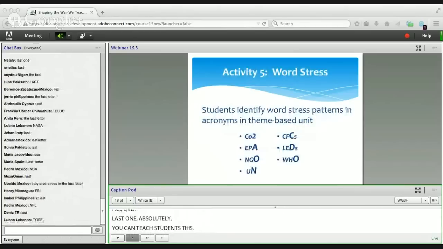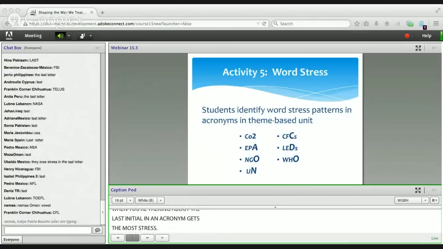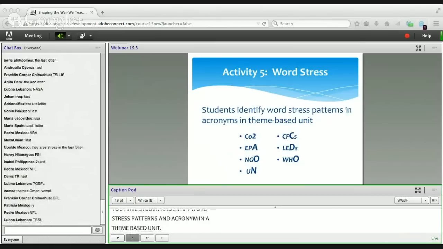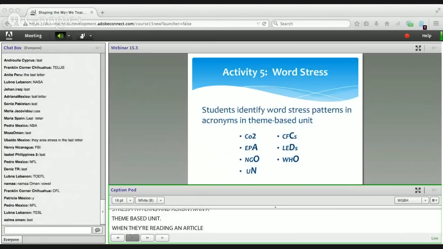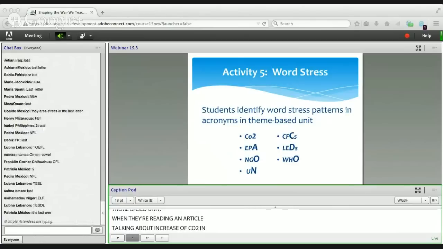So now you have students identify word stress patterns in acronyms in a theme-based unit. If they're reading an article about an increase of CO2 in the atmosphere, the EPA, the Environmental Protection Agency, NGO, UN, CFCs, chlorofluorocarbons, LEDs, WHO, World Health Organization, okay?